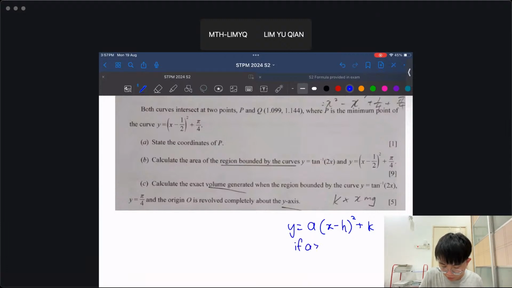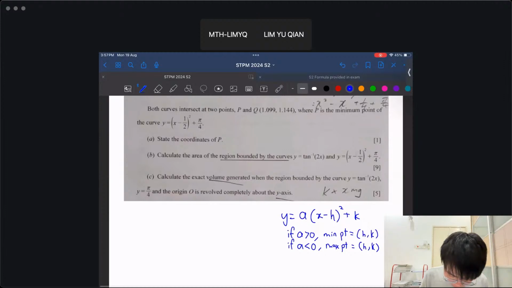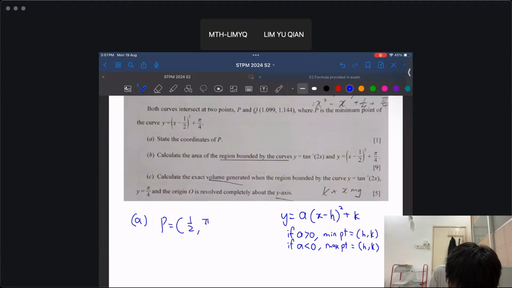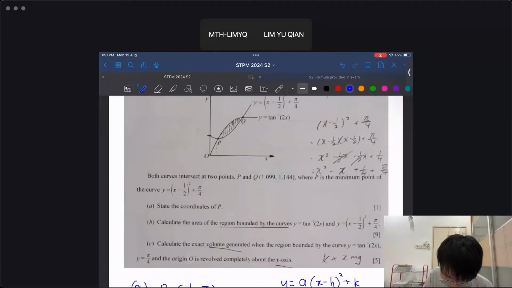If a is greater than 0, then the minimum point is (h, k). If a is less than 0, then the maximum point is also (h, k). So for part A, just state only: P is equal to (1 over 2, pi over 4). It's already given.